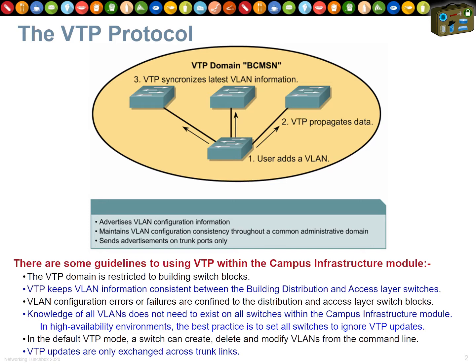But you've got to be really careful, because if you misconfigure your VTP or leave it on the defaults, someone can inject information into your VTP domain that you don't want.